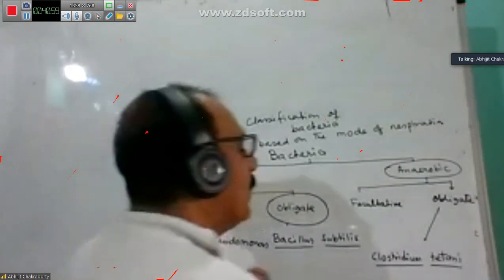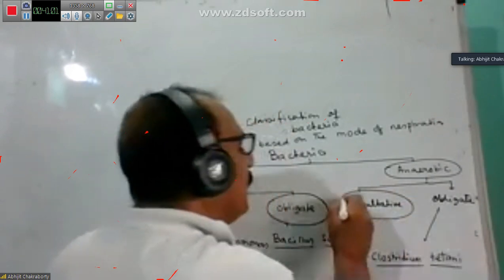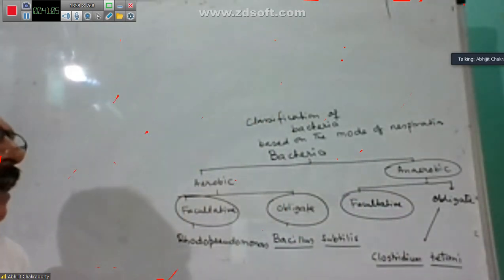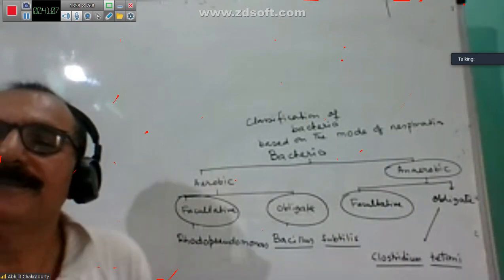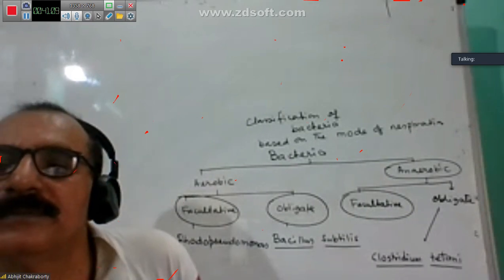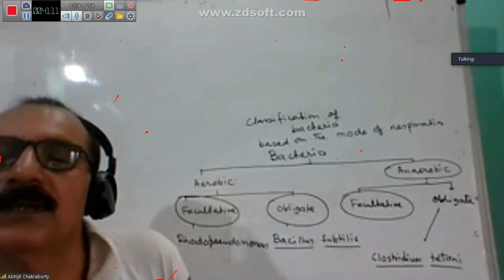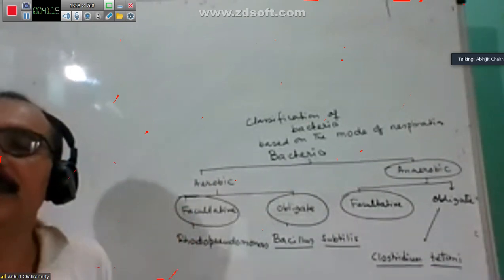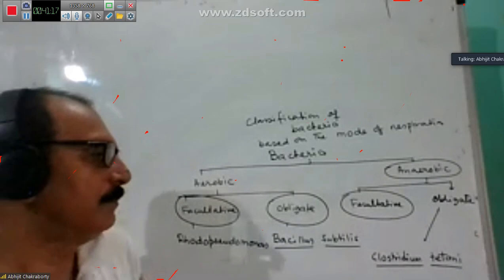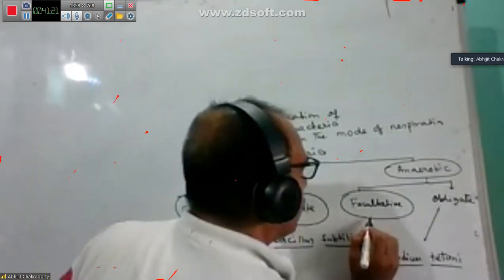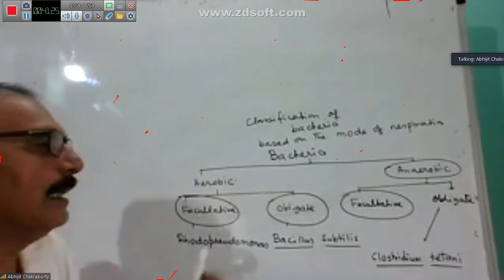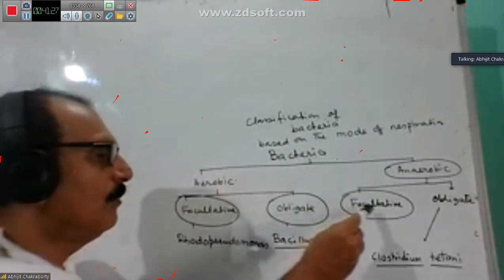Next one, facultative. Facultative anaerobic are normally aerobic. Normally they are aerobic, but whenever oxygen is not available, they can be converted to anaerobic. Are you getting me? Facultative anaerobic bacteria, normally they are aerobic bacteria.